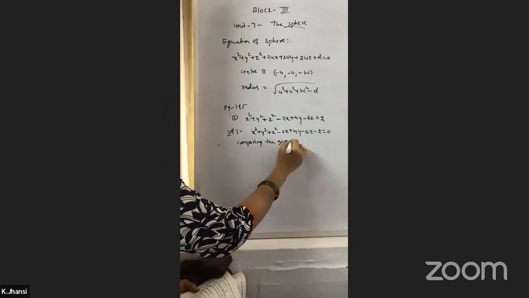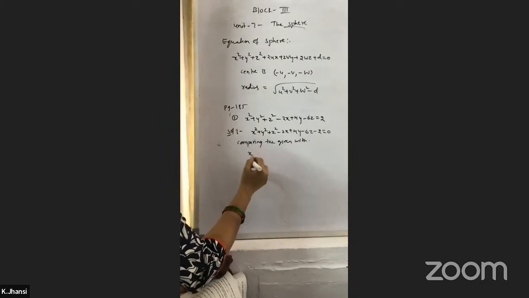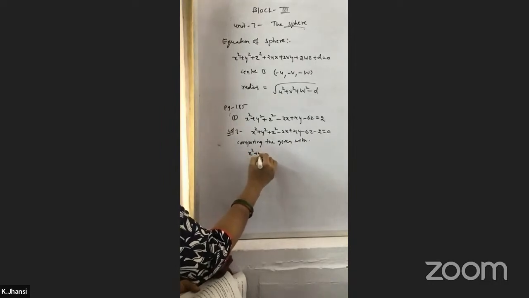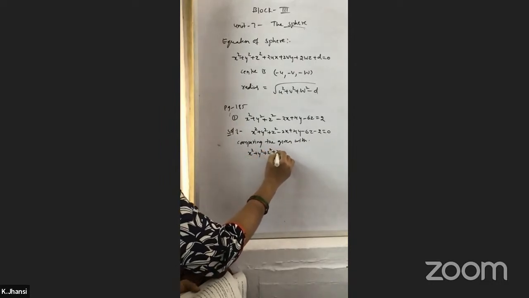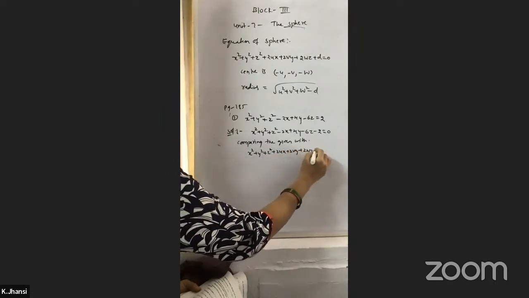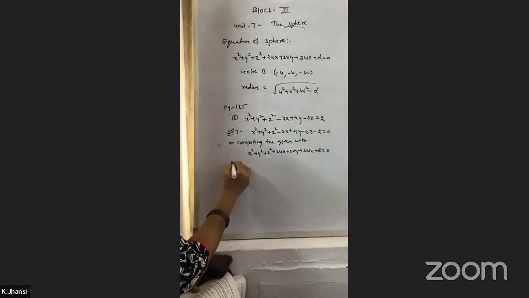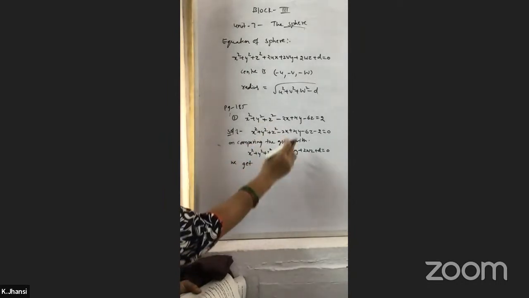Compare the given sphere with the general equation of the sphere, which is x square plus y square plus z square plus 2ux plus 2vy plus 2wz plus d equals 0. On comparing, the x square, y square, z square values are the same.